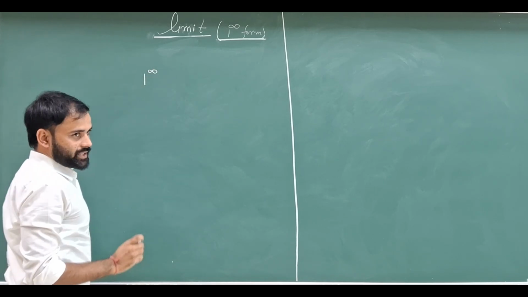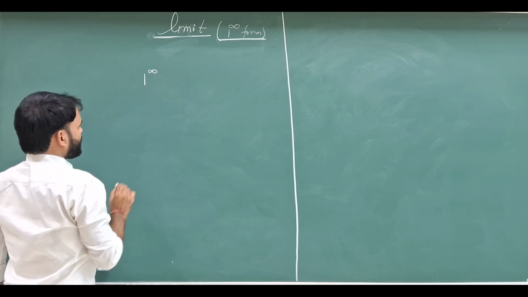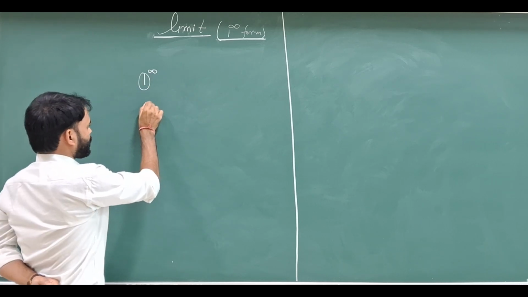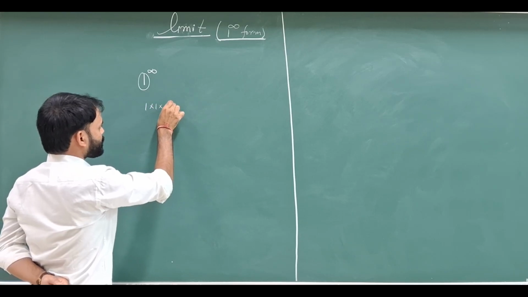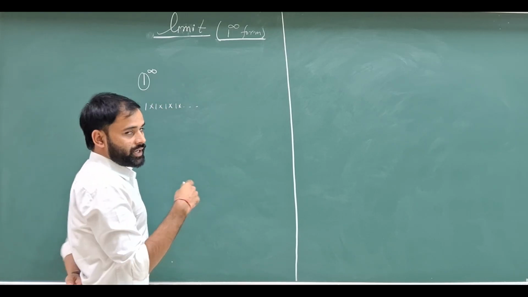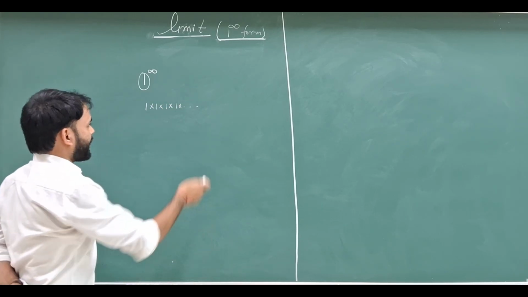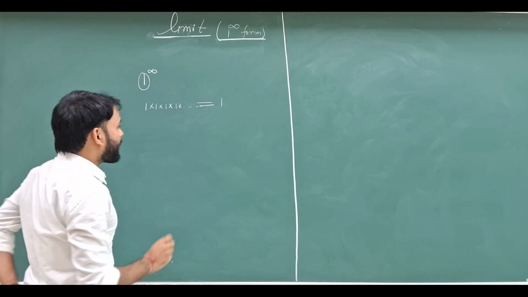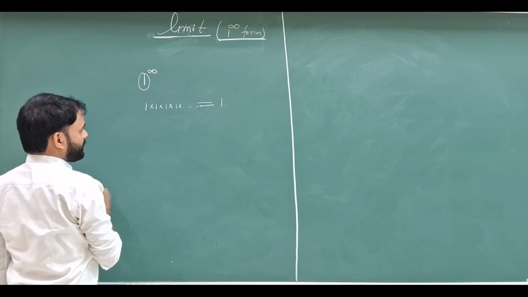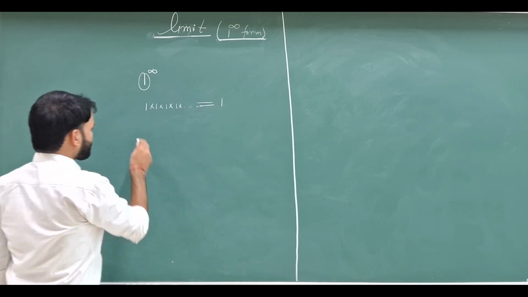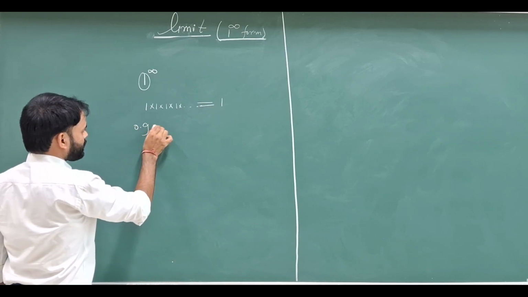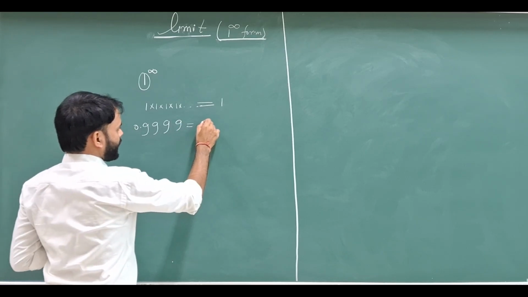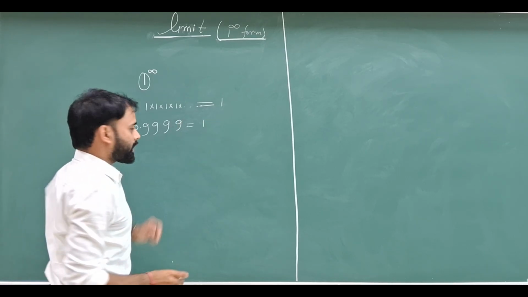1 to the power infinity. Suppose this is your exact value 1, so you multiply 1 into 1 into 1 up to infinity, this value goes to 1. And if I tend it to 1 like 0.9999, this quantity you can also approximate as 1.